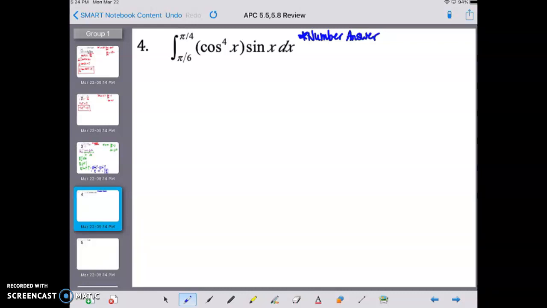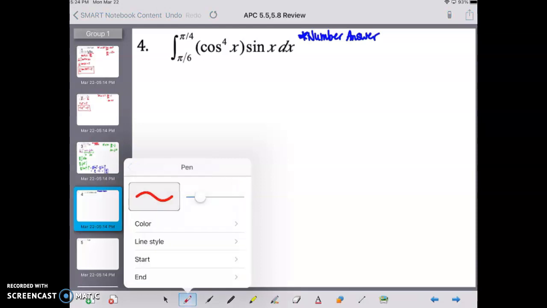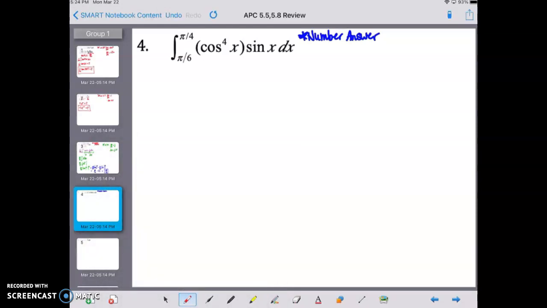And again, we want to be thinking about, okay, well, I would like whatever I let u equal, I would like the derivative of u to be part of my function. So since I have cosine to the 4th power, it probably makes sense if I let u be cosine x, because the derivative of cosine is negative sine x. I have that sine x dx. I could just pull the negative in front of the integral symbol, so that should work out.